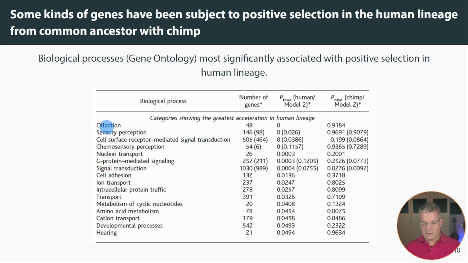We see these processes that appear to be accelerated in the movement towards the human lineage, and that tells us something about the kinds of processes that make us distinct from our nearest living relatives, the chimpanzees, despite having 99% sequence identity at the DNA level.